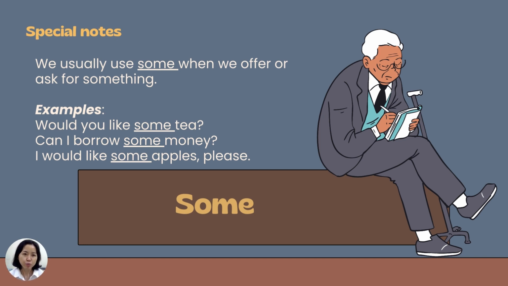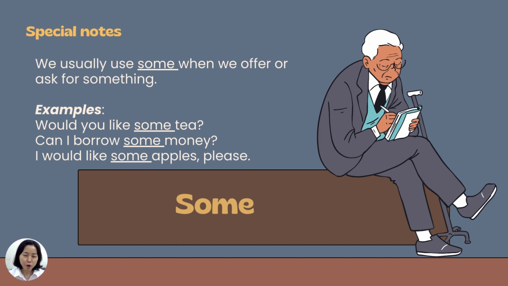Well, this one is the answer from an offer, just like in the first example. Would you like some tea? So if you have a question like would you like some apples? You can answer by I would like some apples, please. All right, the third example is not difficult because this one is not a question.